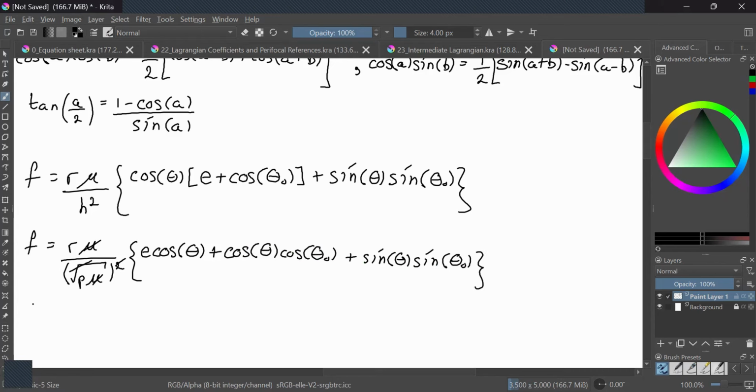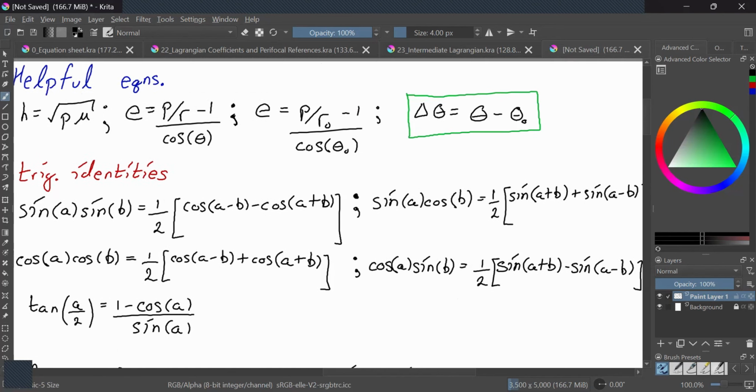Okay. As promised, we have R over P. It is then times the quantity of, and I have an E here, which I do have a note for up here. E can become P over R or P over R naught with all of the rest of it. So do we want it in terms of the initial values or the non-initial values?